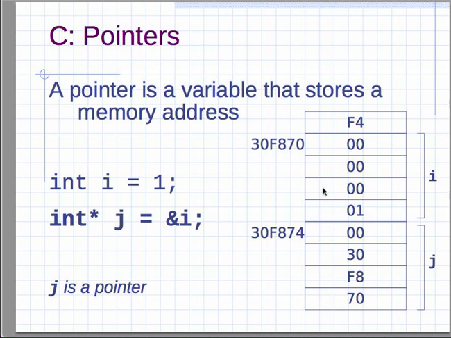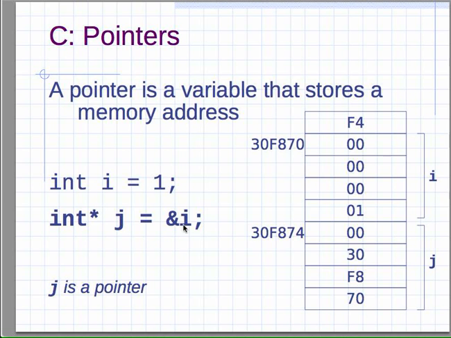You'll see 4 bytes, which holds the value of the int I, and the int I has the value 1. These 4 bytes are taken together. And this pointer j is a variable that stores a memory address. So if you look into j, what you will see is a memory address. In this particular case, we say that j is assigned to have the address of I.